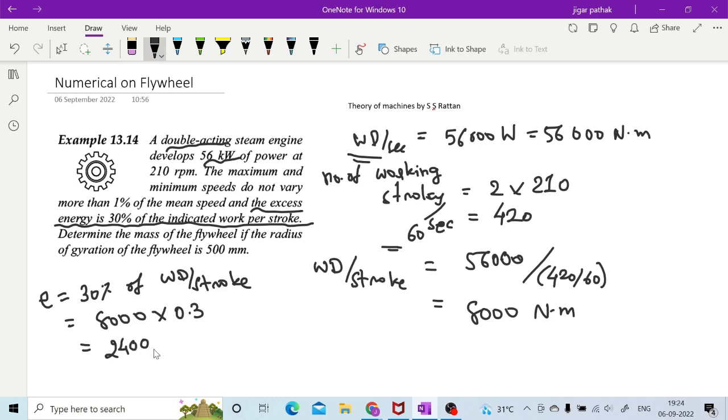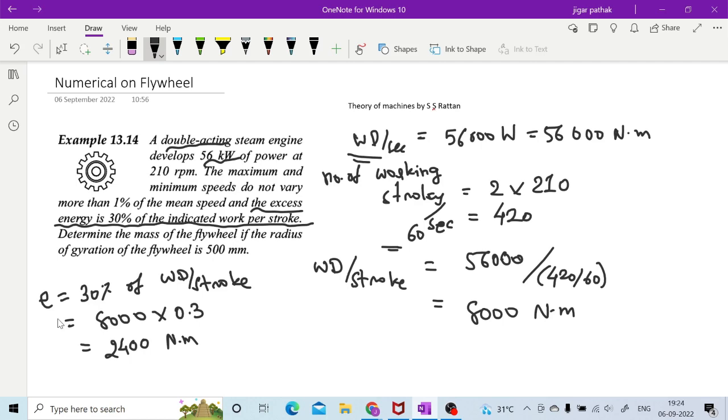Yes, you are correct, but whatever data is provided here, as per that we have to go with this only, that whatever fluctuation is there, that is whatever excess energy is required, right? Otherwise you are correct, if the data is provided like that, the total fluctuation graph is provided, like you have peaks also, and whatever the lowest amount is there, in that case you can go by that.